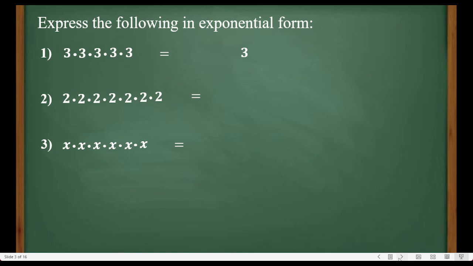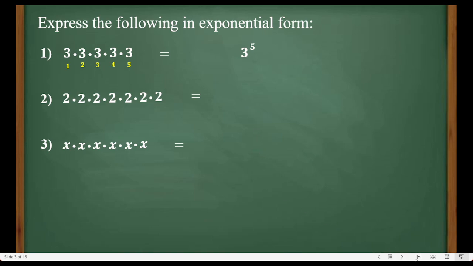Then let us count how many 3's are being multiplied by itself. So bilangin natin. We have 1, 2, 3, 4, 5. Therefore, the exponential form here is 3 raised to the 5th power. Since we counted 5 factors of 3 here.